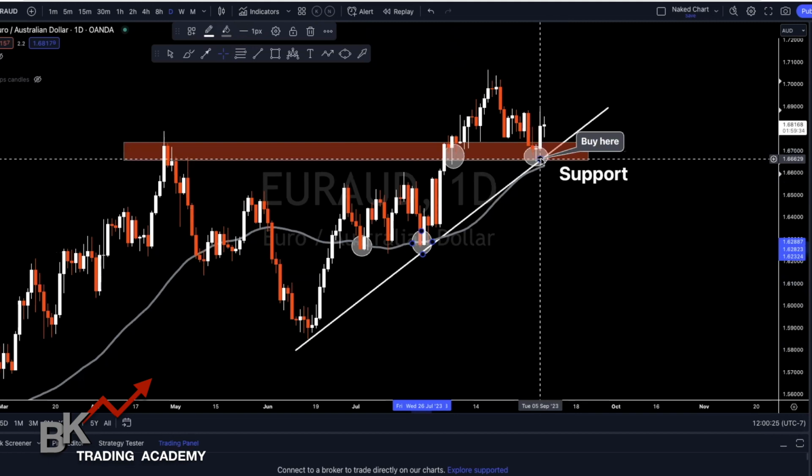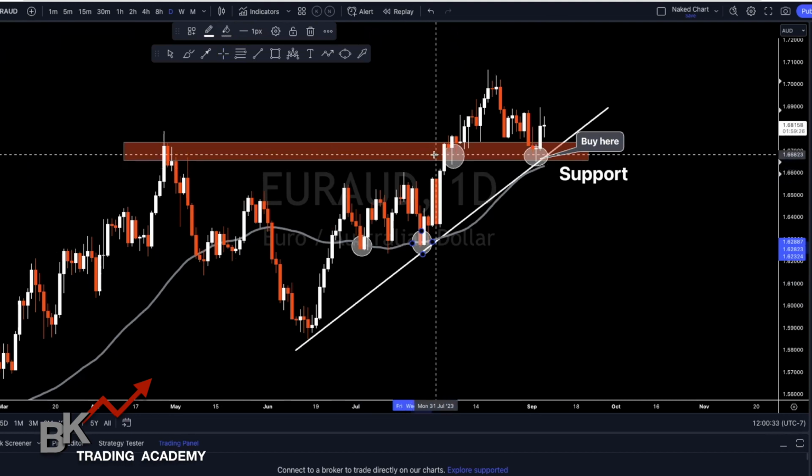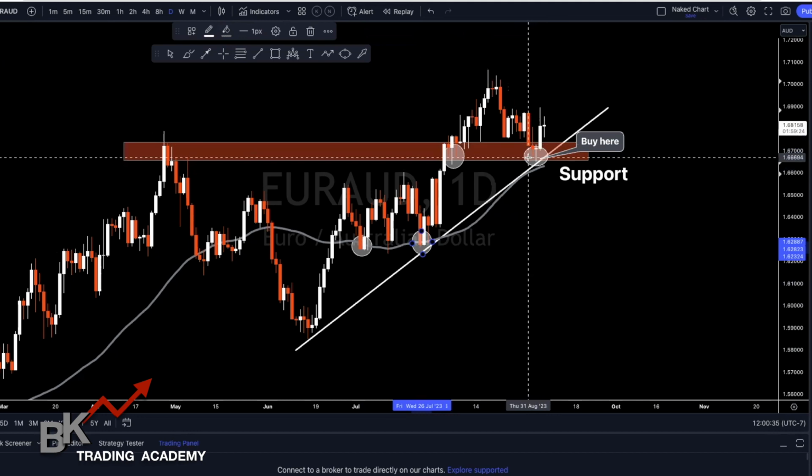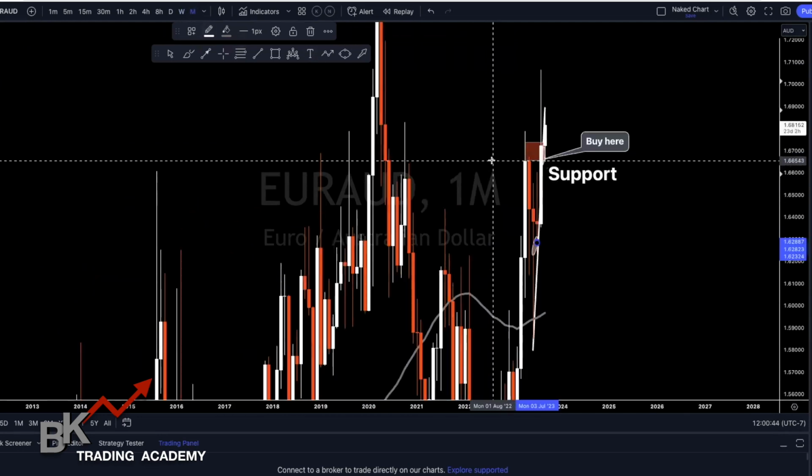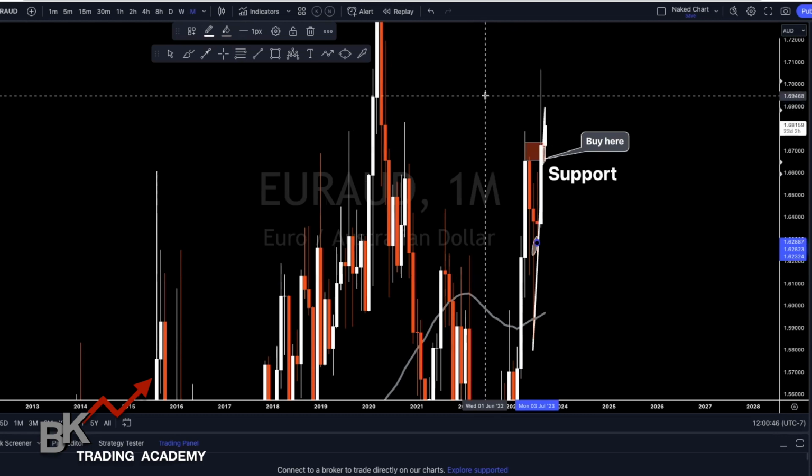So if we were going to get long right here, if we were going to buy at 1.6658, we want to see what our potential is. What can we possibly make? So we know we're in an uptrend, right? And we've already seen that price came down and corrected, and we want to see that it continues this uptrend. Now, if I go to the weekly time frame, I can't see any price action to the left. If I go out to the monthly, you can see that price is trading from an extreme high.